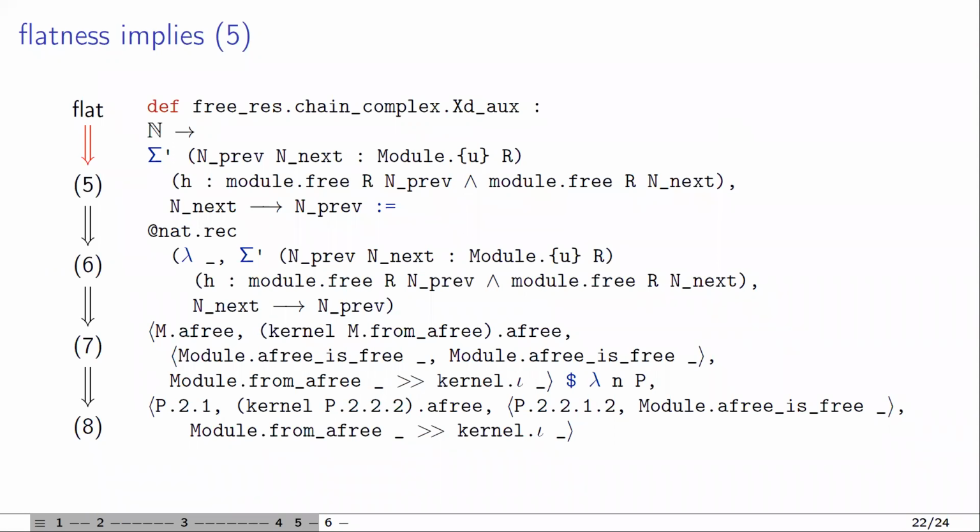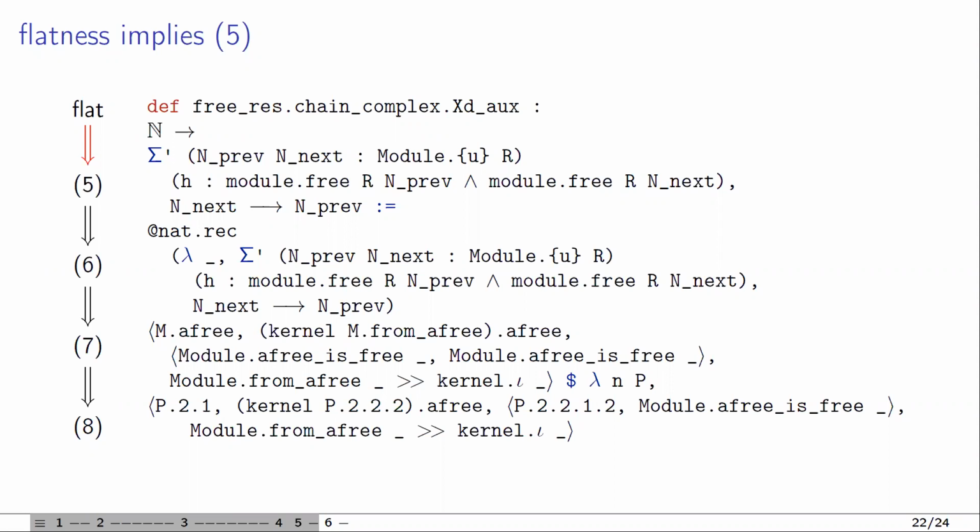The induction hypothesis is, if we now have a previous module and a next module, then our new previous module will be the old next module, and our new next module will be the free module associated with the kernel of the old map.